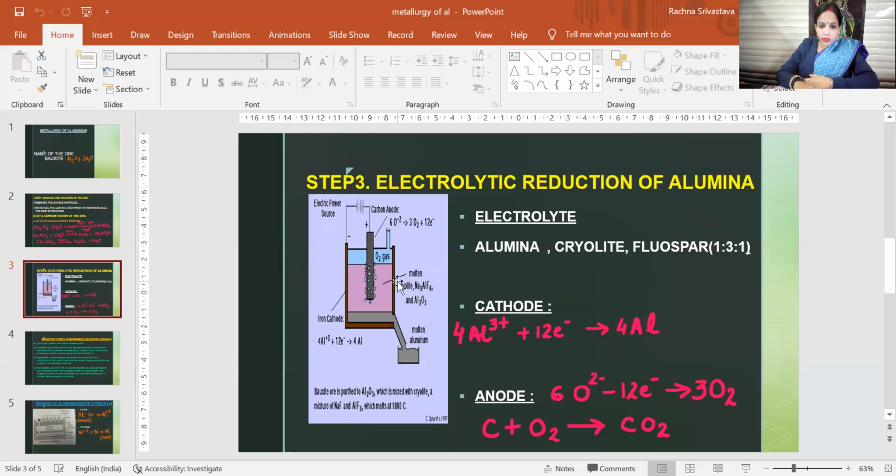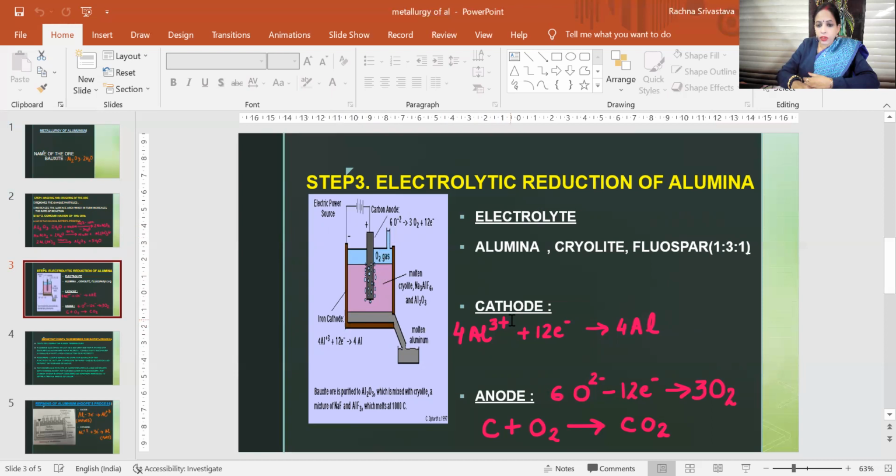The construction is in front of you in the form of a diagram. You can see a carbon anode and an iron cathode being used. Oxygen gas is released at the end, because the main content is alumina, Al2O3. It will dissociate into aluminium ions and oxide ions.